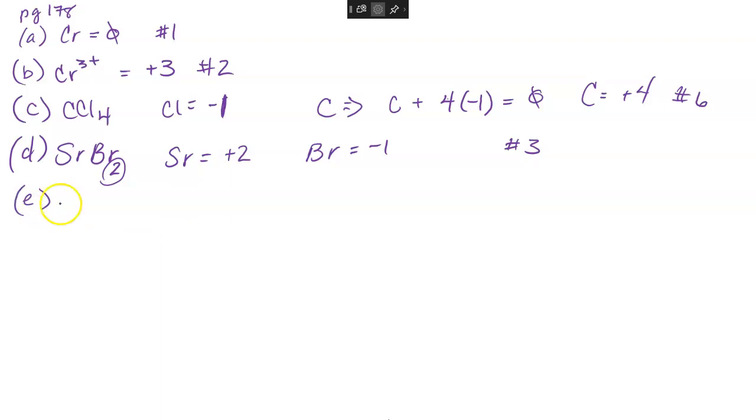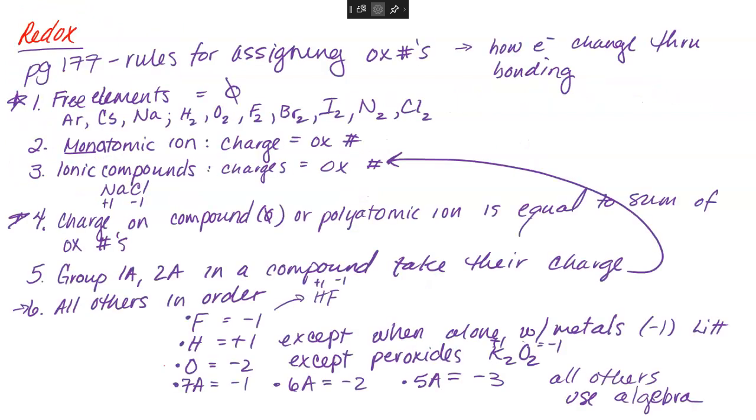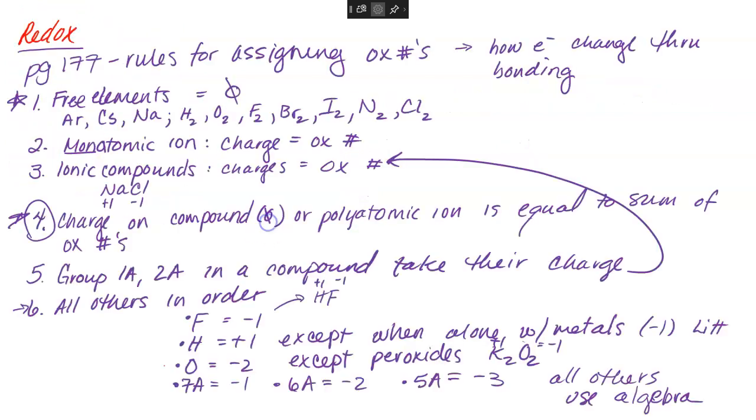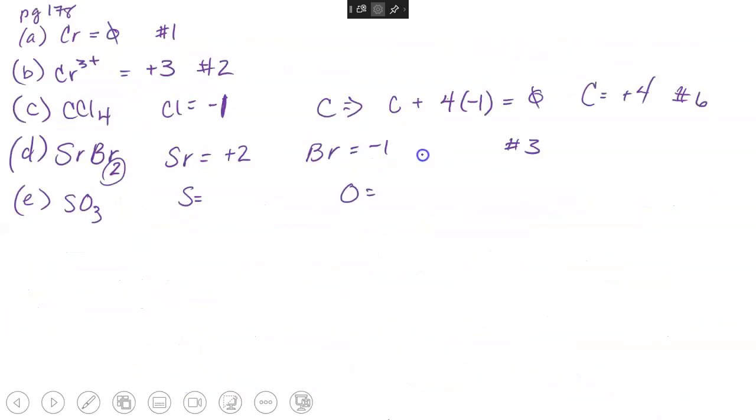E, SO3, sulfur and oxygen. Which rule? It's technically, I guess, a combination of 2 and 4, because they have to add to 0, and 6 using oxygen. So which one can we assign? Oxygen as a -2.